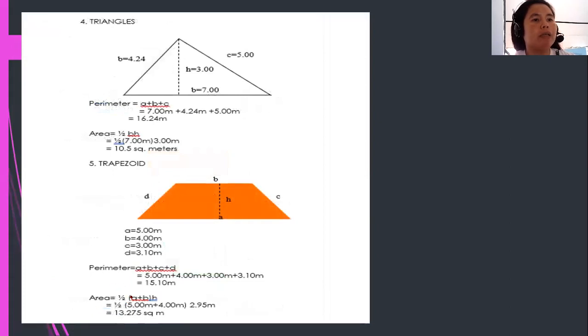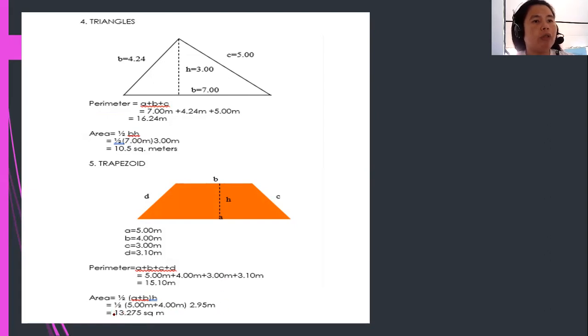Okay, next. Area of a trapezoid: 1/2 times A plus B times height. So A is 5 meters plus B is 4 meters, times the H, which is 2.95 meters.